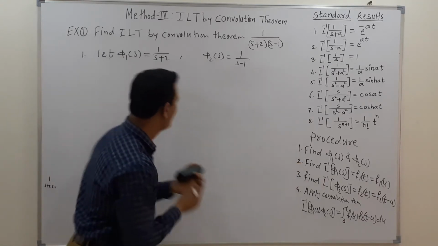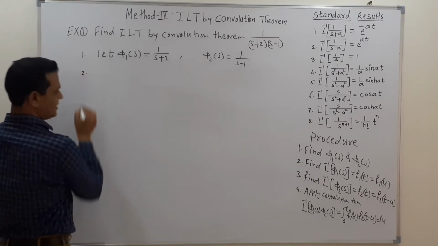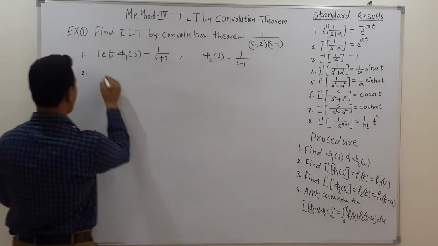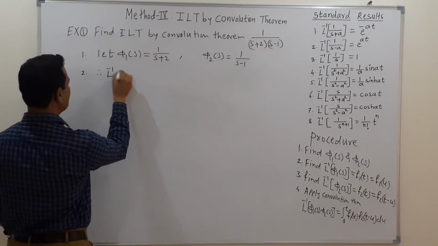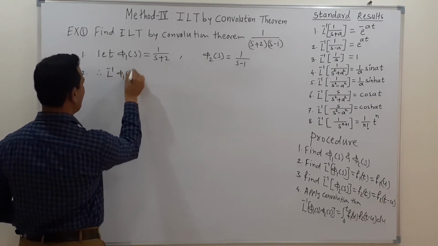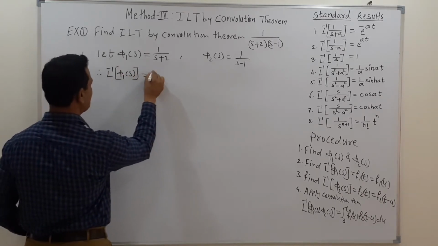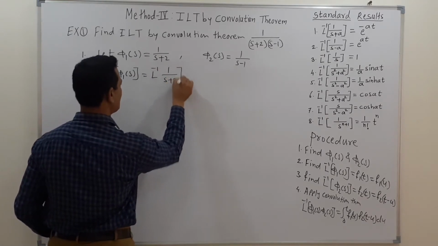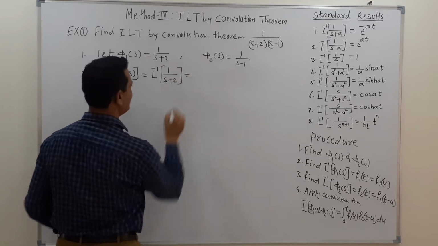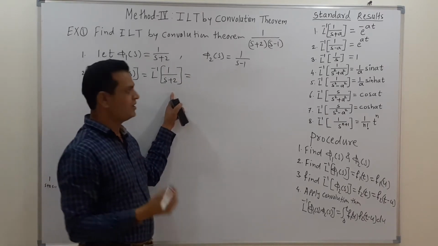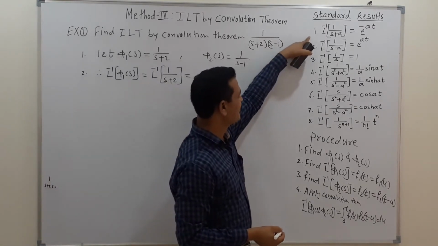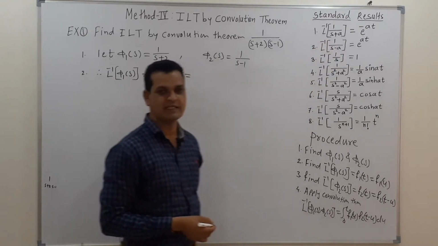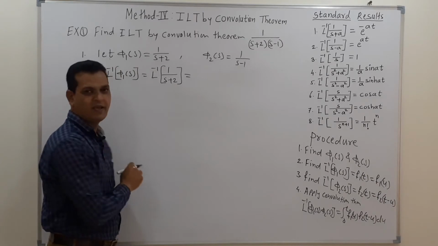Now second step is, step number 2, find out the inverse Laplace transformation of phi 1 of s. So therefore, inverse Laplace transformation of phi 1 of s is equal to inverse Laplace transformation of 1 upon s plus 2. So now friends, this equation is in our standard form. Inverse Laplace transformation of 1 upon s plus a is equal to e raised to minus at, where the value of a is 2.